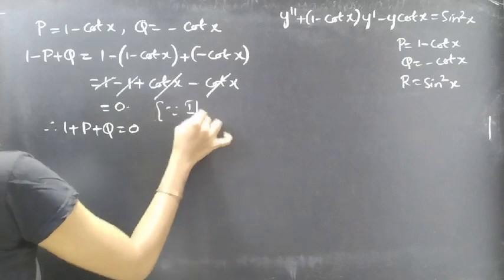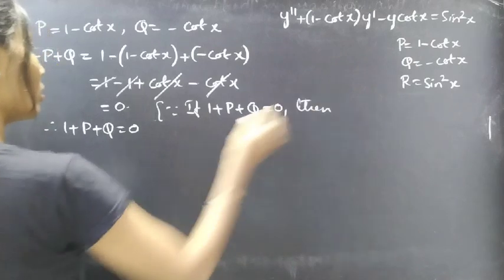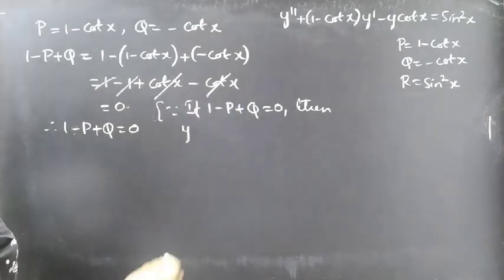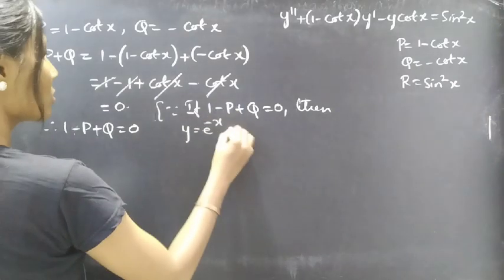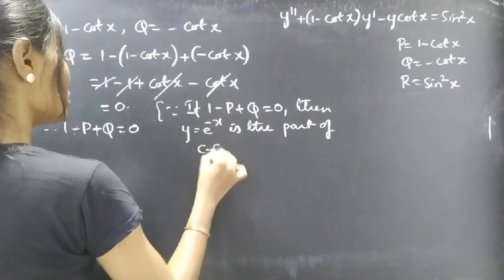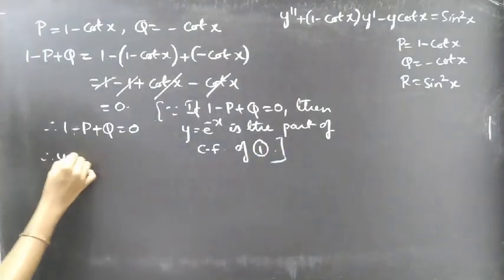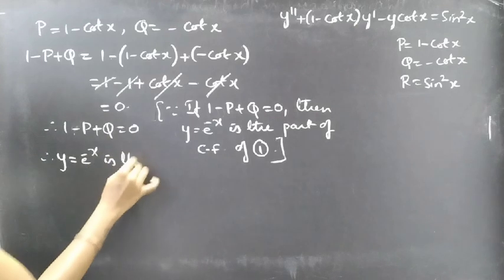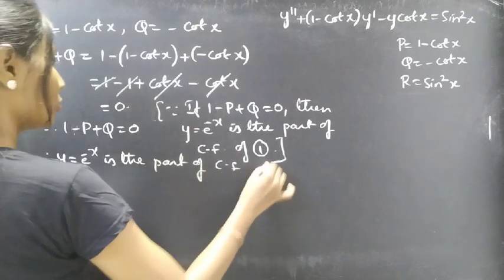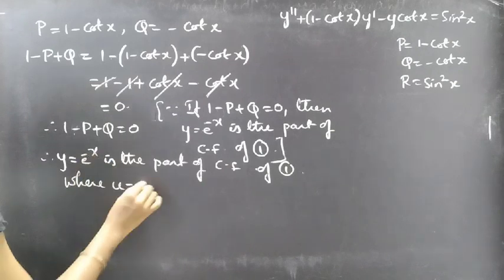Since we know that if 1 - p + q equals 0, then y = e^(-x) is a part of the CF of 1. Okay? Therefore, y = e^(-x) is a part of the CF of 1, where u = e^(-x).